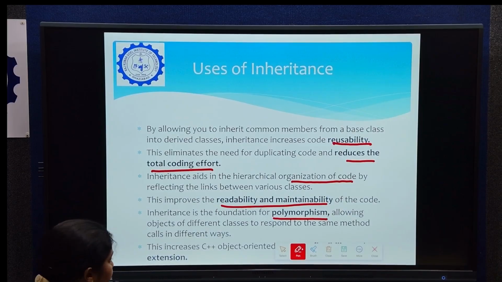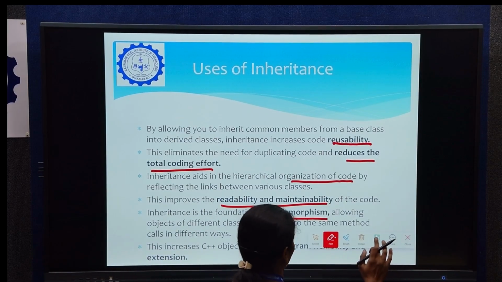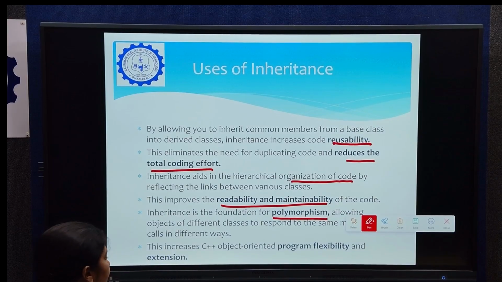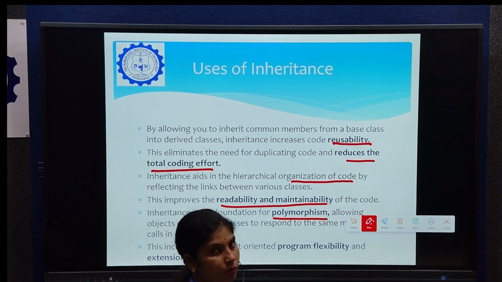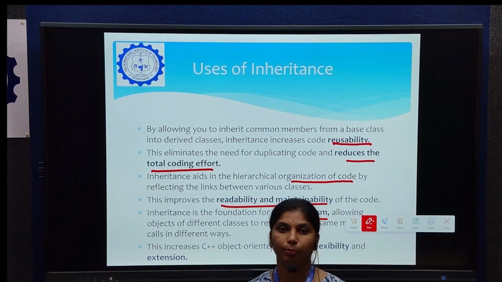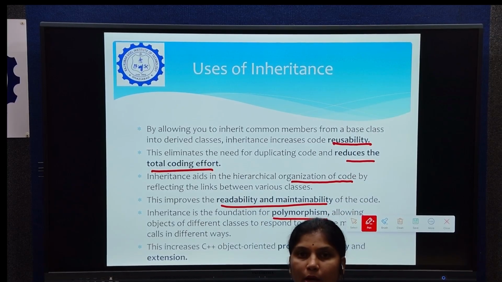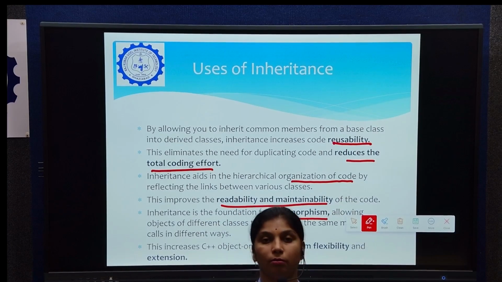It increases the program flexibility and extension. Obviously, if we want to extend our program as the need arises, the extension of the program becomes less complex.